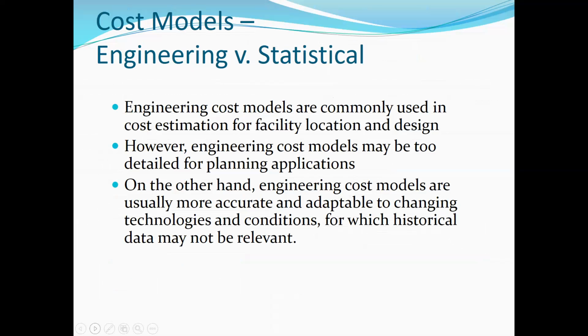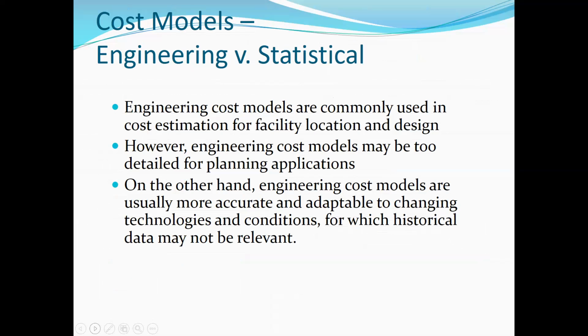Okay, so here are some differences. Engineering cost models are commonly used in cost estimation for facility location and design. But engineering cost models are too detailed for planning applications. Engineering cost models are usually more accurate, and they're adaptable to changing technology and conditions for which historical data may not be relevant.